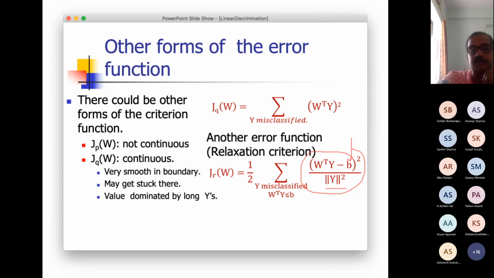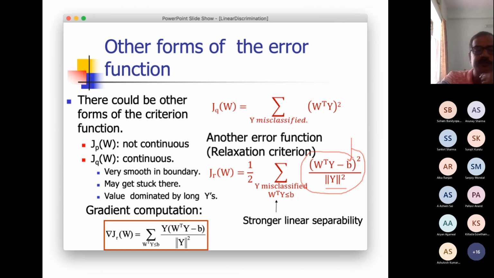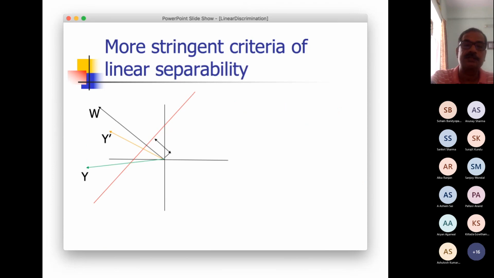And you can get the corresponding gradient operations. If I do the gradient computation of the relaxation criterion, it could be computed in this way. You can see that is the gradient, and then you can use it for your computations.